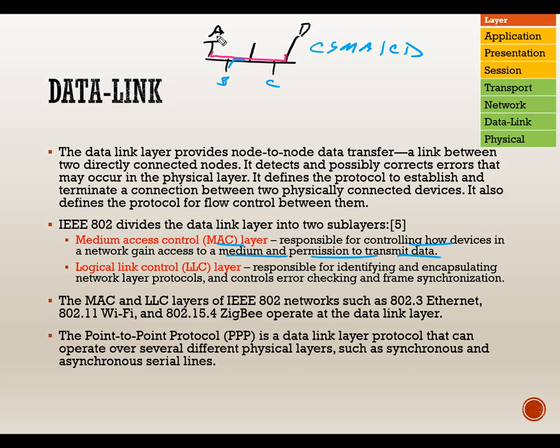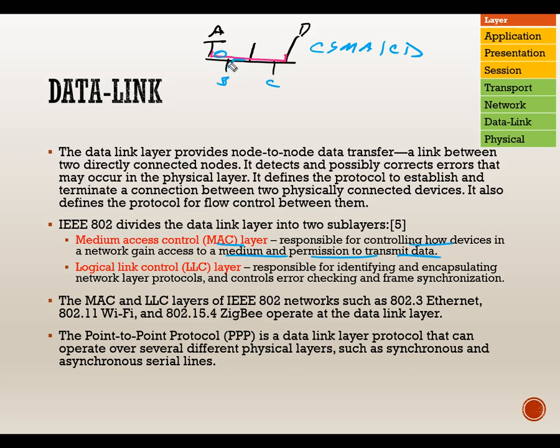A machine listens to the wire to see if there is a signal on it. If there isn't, then it puts its transmission on the wire. The other station is listening, and it should hear this transmission on the wire, and then it's going to wait for access to the media until this conversation is done.